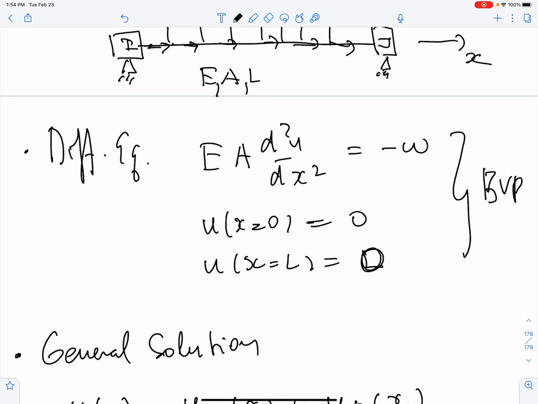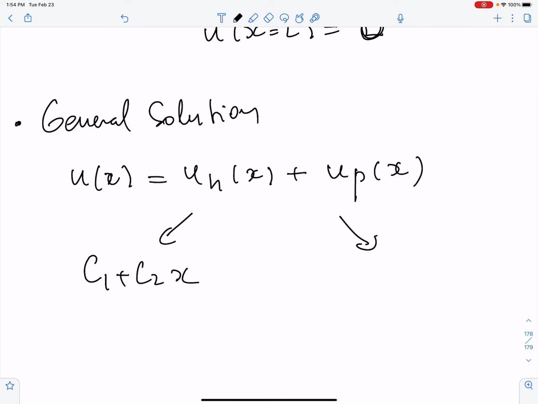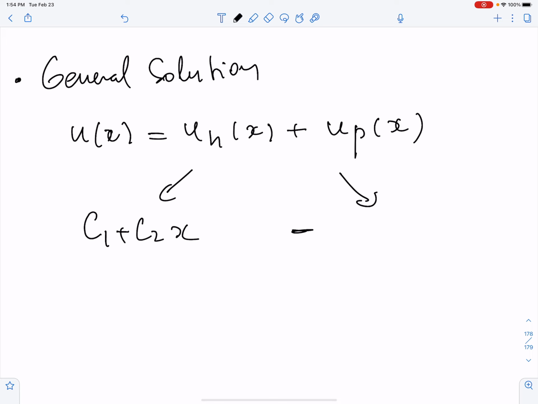So you can go ahead and divide through by EA, like this, okay? And then you need to find u such that its second derivative equals a constant, and the constant is minus w over EA, okay? And then you get here minus w over 2EA x squared. Okay, so you take first derivatives, the 2's cancel out.